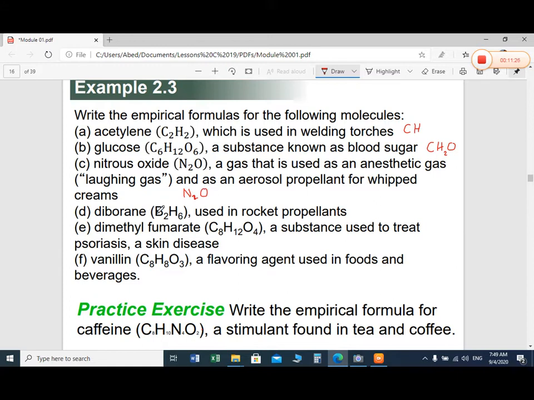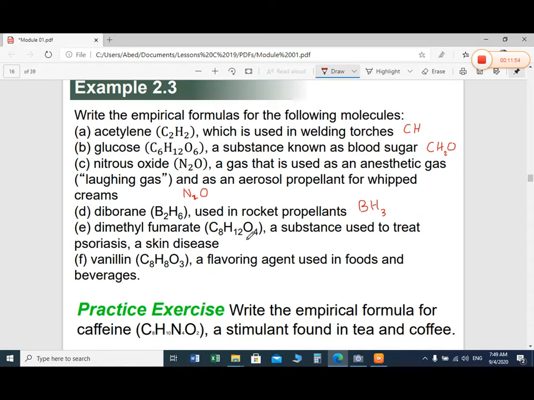Now part D is diborane, B2H6. You see this 2 is the smallest even number here, so we can divide by 2. So the answer will be B1H3. Dimethyl fumarate: you see here the smallest even number is 4, so we can divide by 4.